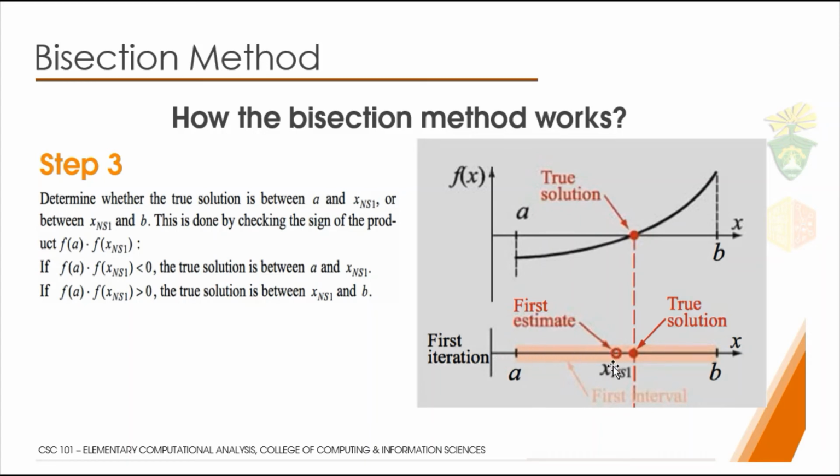If f of a times f of x sub n+1 is less than 0, then the solution is in this interval. If not, then it is in the other one. So the product of the function values at the endpoints a and b should always be less than 0. In the illustration, we can see that from a to x sub n+1 the true solution is not there. So if we solve using this condition, it should be false.